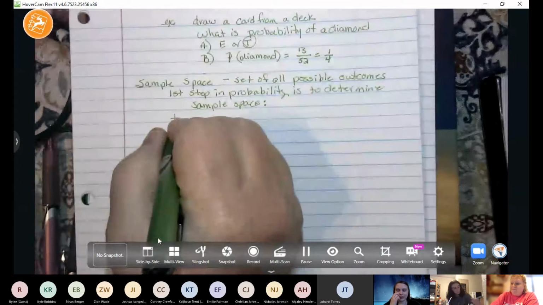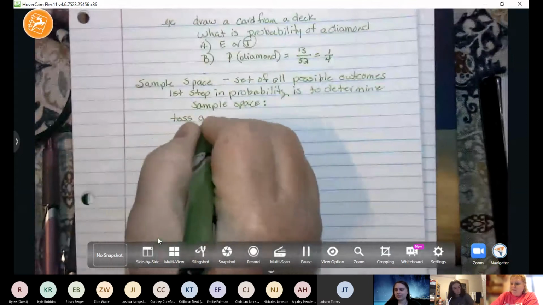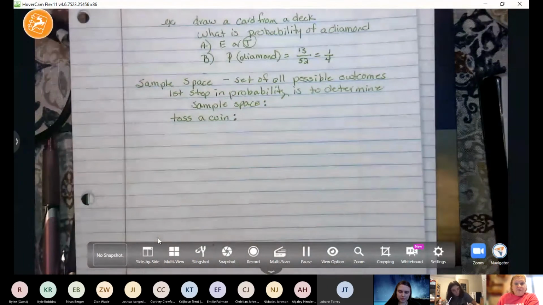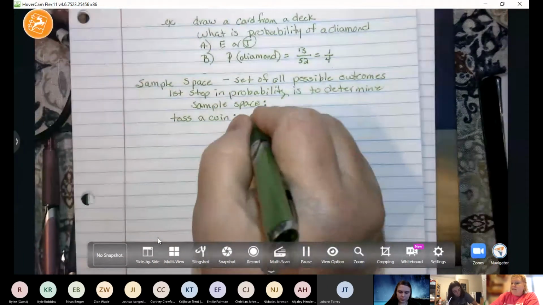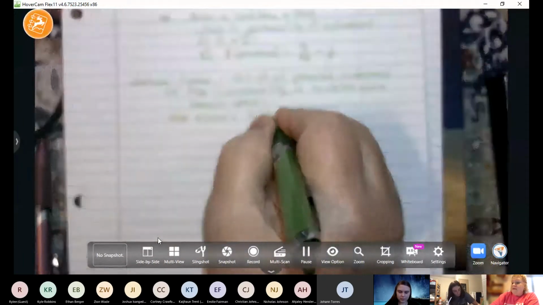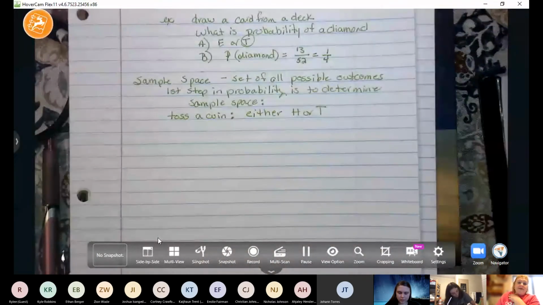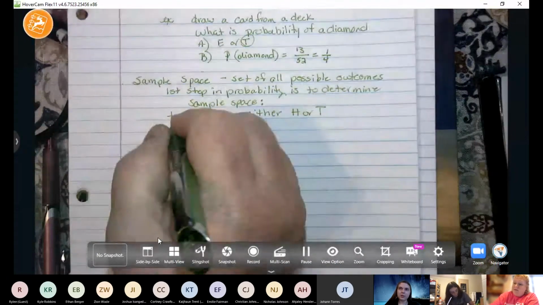Now, if we are tossing a coin, the sample space is pretty easy. It's either going to be heads or tails. So there's not a whole lot to consider when we're tossing a coin. Sample space is either heads or tails.